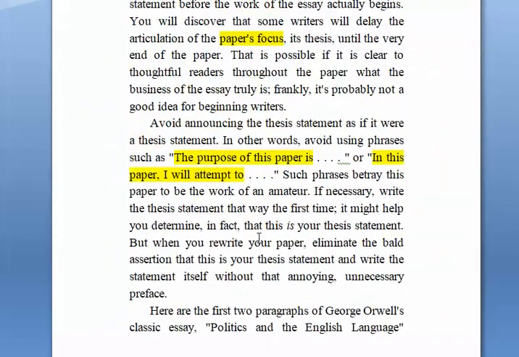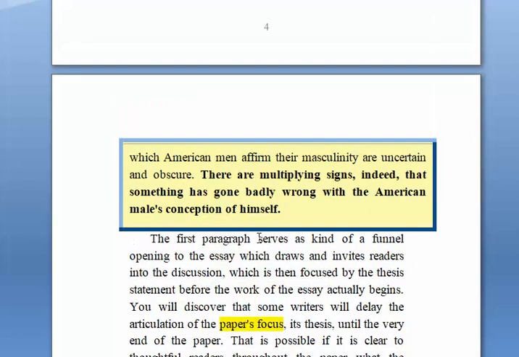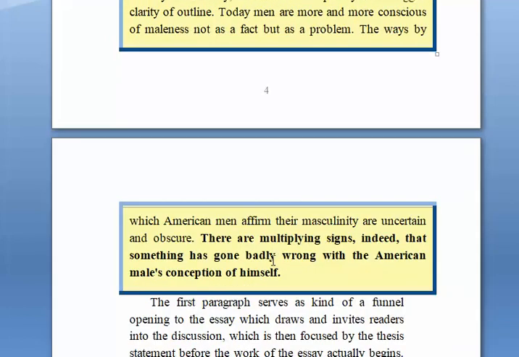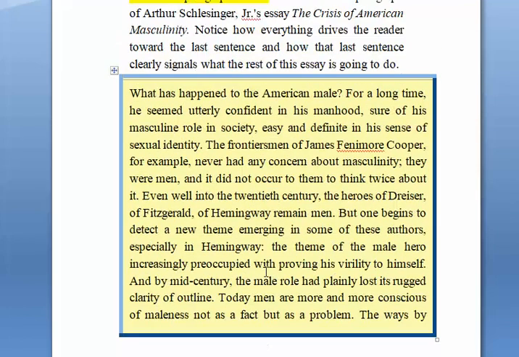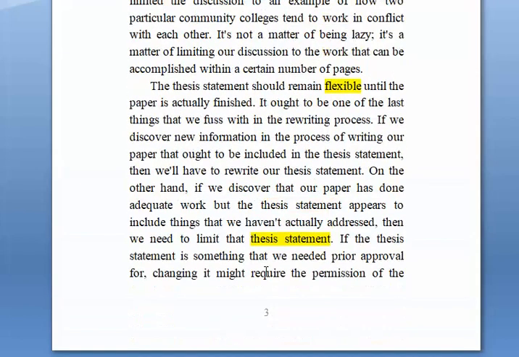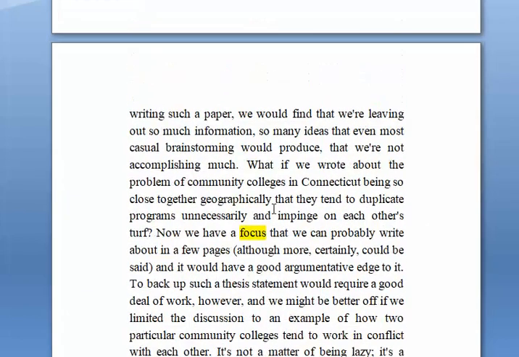So now in this lecture, we have seen that sometimes the thesis statement is located at the beginning, sometimes at the end, and we can define the thesis statement as the focus of the essay.